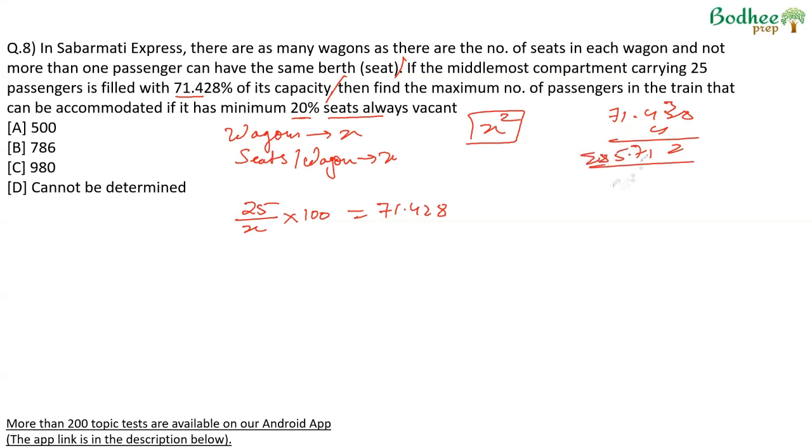Again, not very useful. If we multiply 71.428 by 7, again 1428 are the digits that 7 uses. So if you remember this, nothing like it. If you don't remember the value, 1428 is something that we know is 1 by 7. So we multiply by 7, this becomes 499.9.